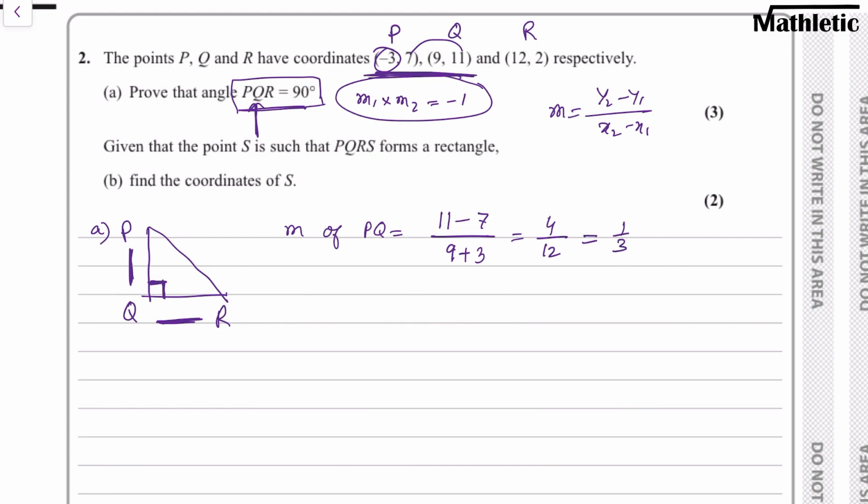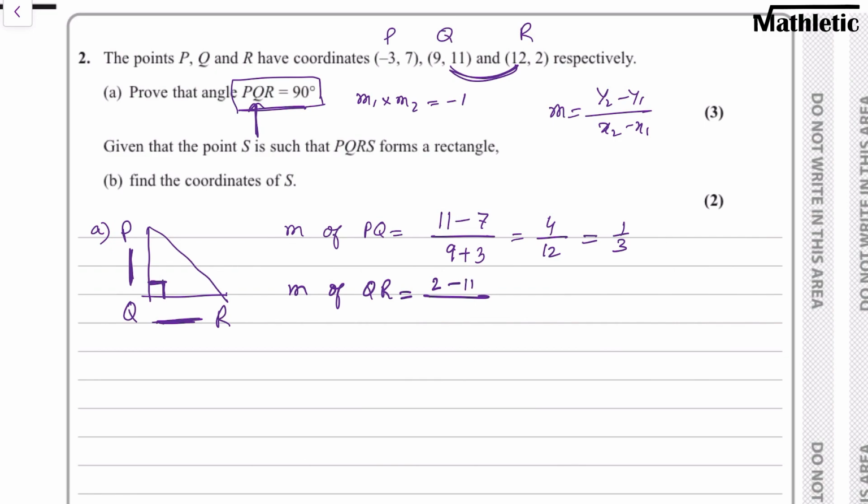Next, we will calculate the gradient of QR. So I will use the coordinates of Q and R. So 2 minus 11, as in y2 minus y1, then x2 minus x1, 12 minus 9.